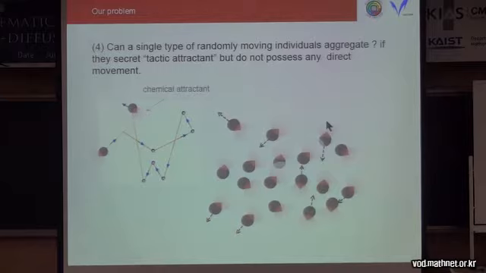By the existence of a chemoattractant, what is different? If there is no chemoattractant, individuals of course move randomly, but the movement is rather fast.